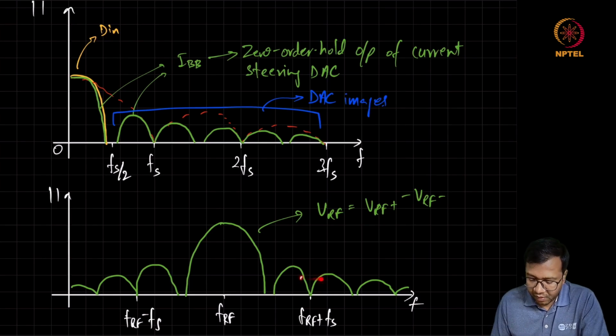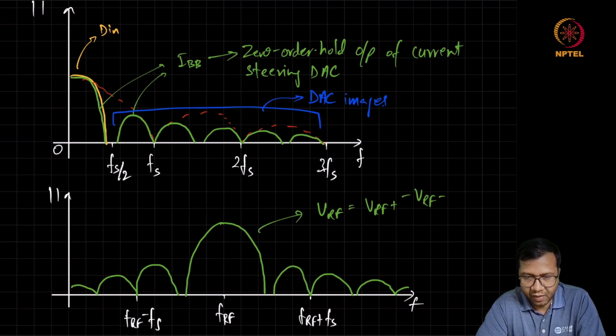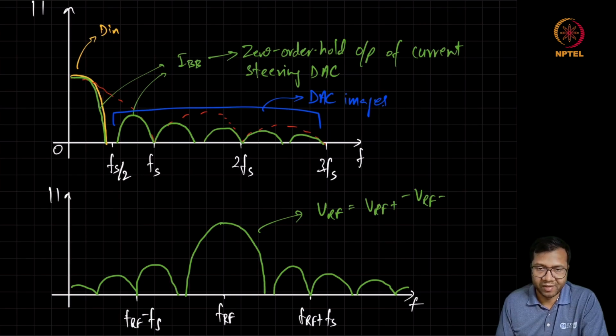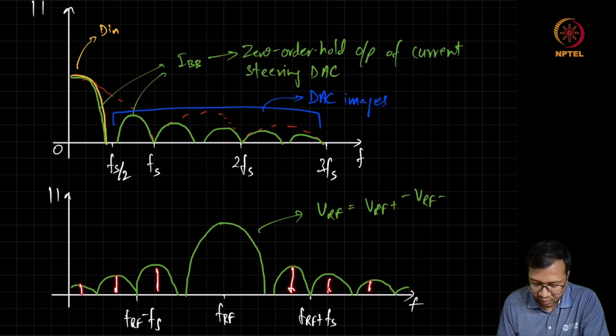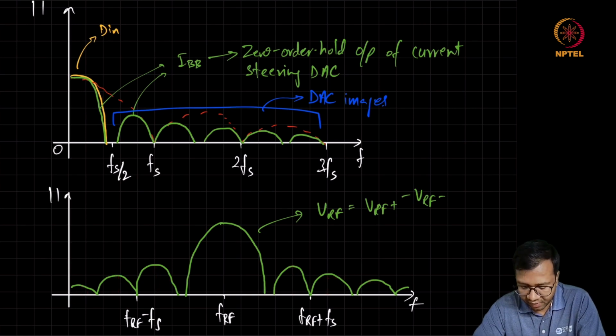So this can be a big issue for any receiver operating in the neighboring channels. There is already a spectral mask in place, and this kind of output spectrum is never going to pass the spectral mask. So we need to suppress these images.